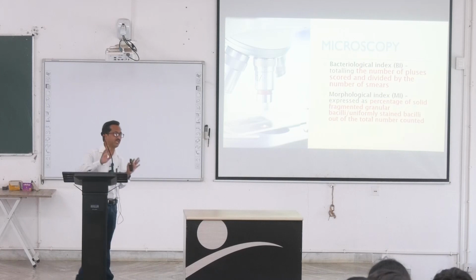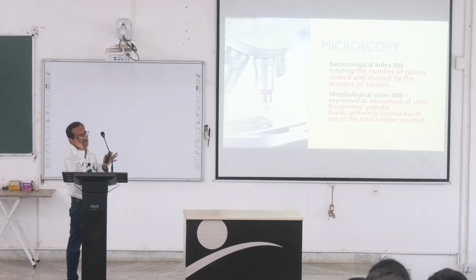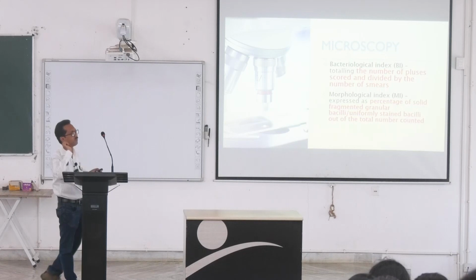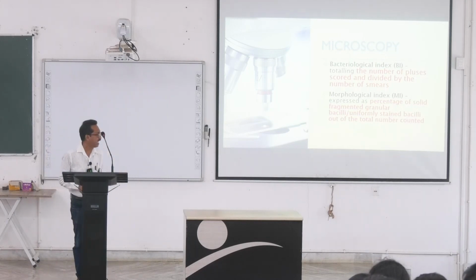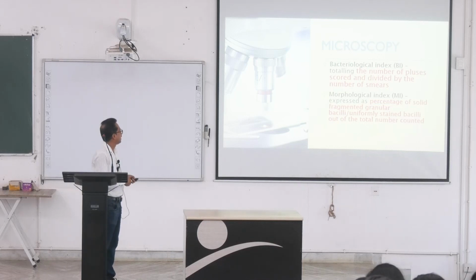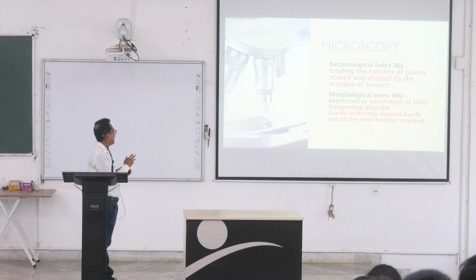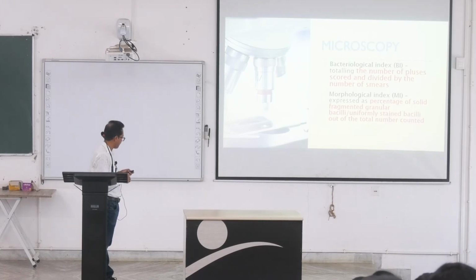So if one smear is 4 plus, one is 6 plus, one is 5 plus, add their pluses and divide by the number of smears you have examined. That is the bacteriological index.